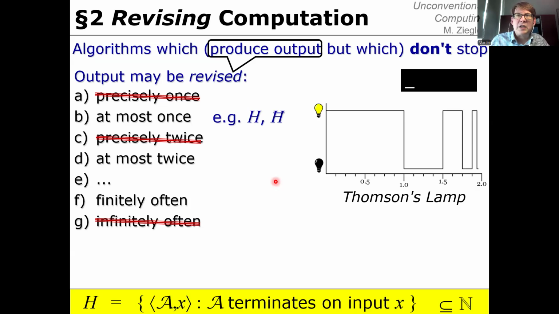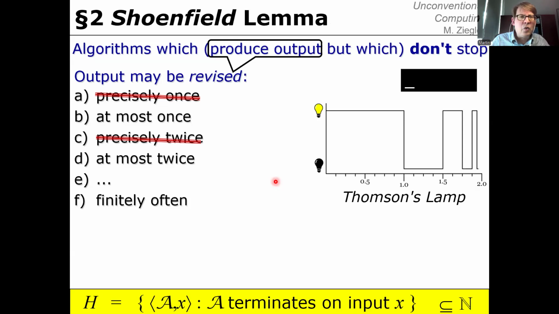And similarly, such an algorithm can decide the complement of the halting problem by first outputting yes and then starting the simulation. Similarly, allowing a non-terminating algorithm to make two revisions also produces more computational power than allowing at most one revision. And allowing for at most three revisions gives more power than allowing for at most two revisions, and allowing an undetermined but finite number of revisions is more powerful than allowing for any fixed number of revisions.